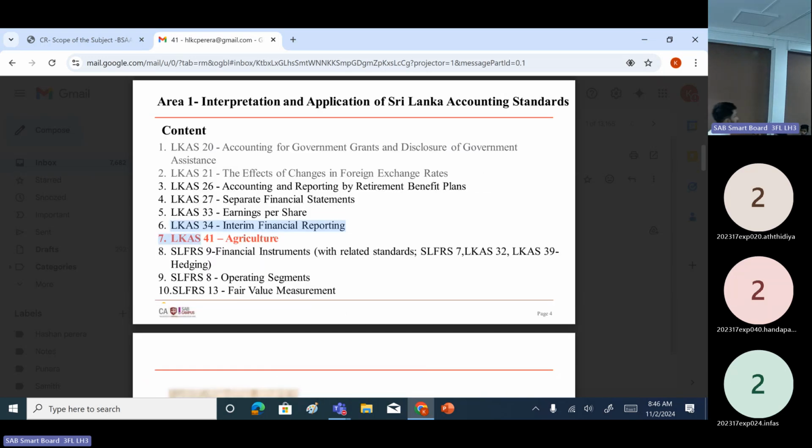Standards under area number 1. Now we are discussing LKAS 41 Agriculture.